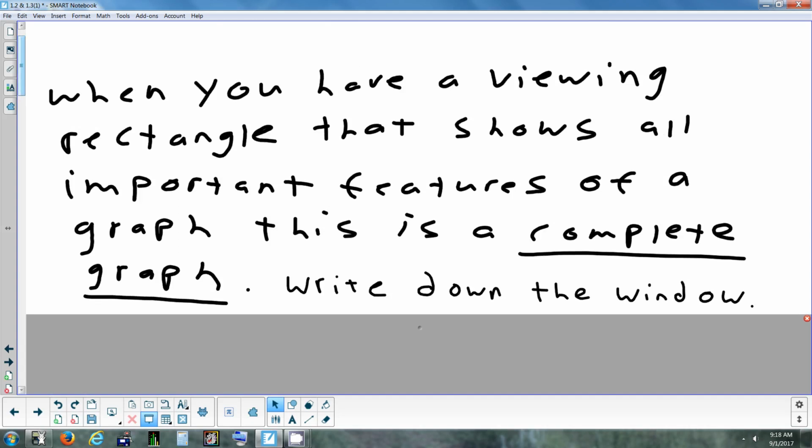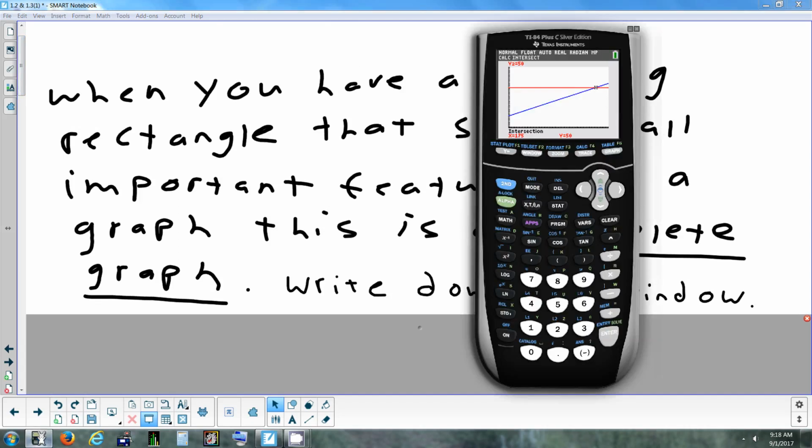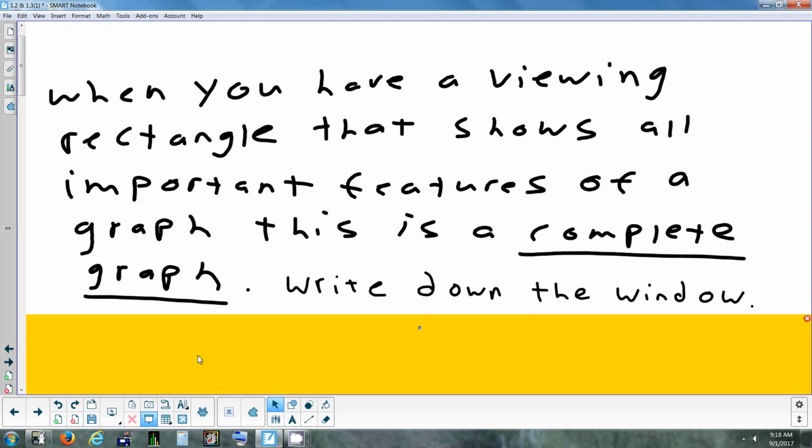I know that's a little bit vague, but it's not exact, and there is no one answer. I would say for the problem we just did, that is a good viewing window. It's not the only one, but it shows the intersection point. The first viewing window that I had was not a complete graph because the intersection point I needed was off the screen.